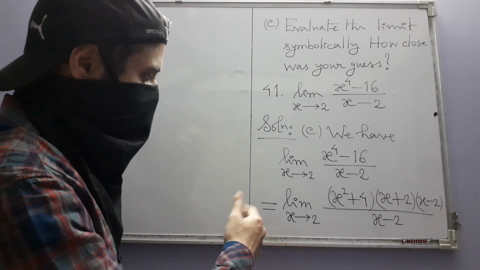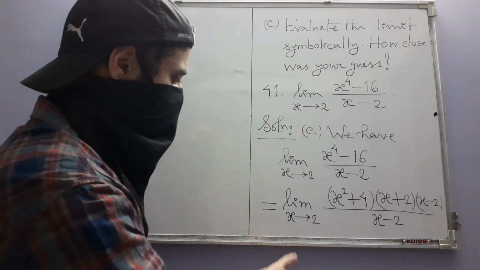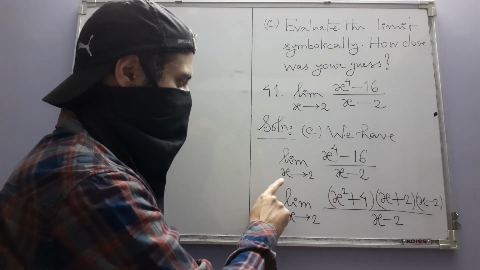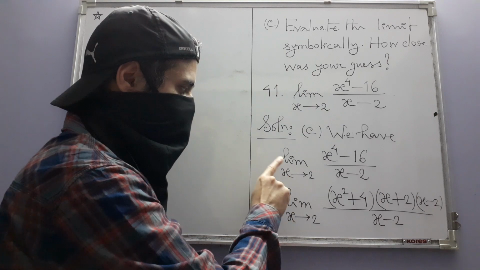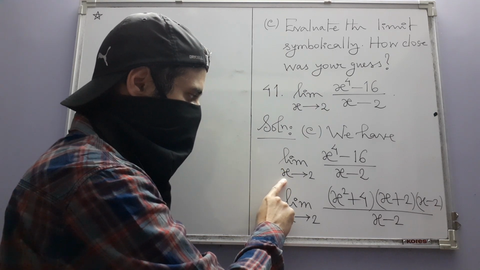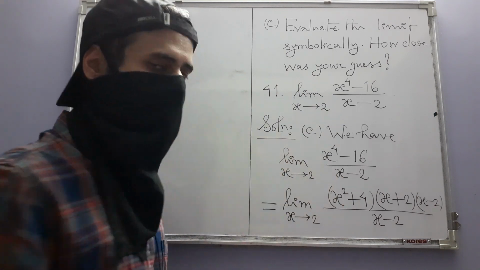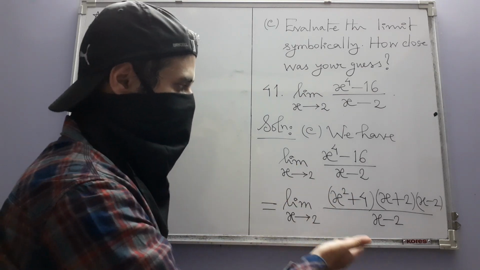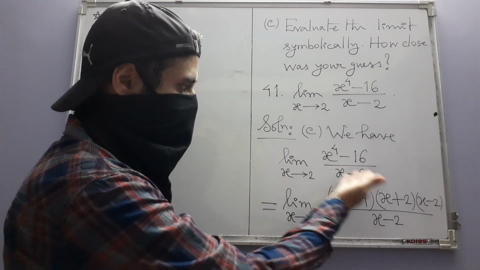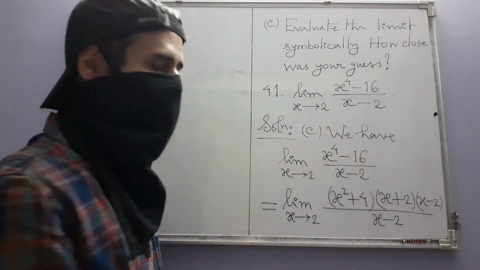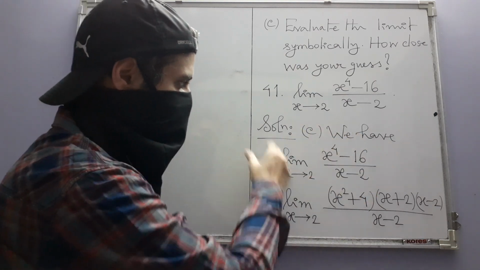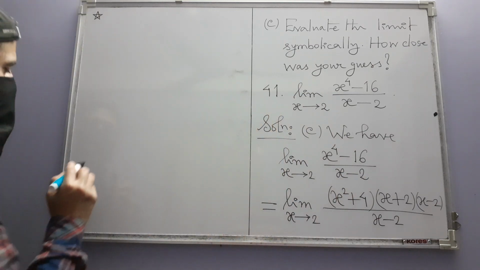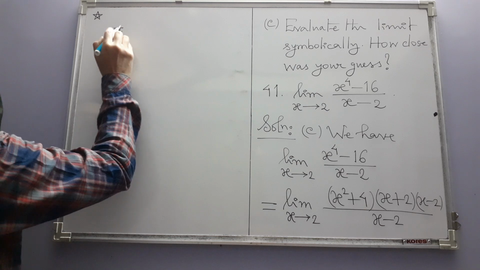This I am repeating, and I will keep on repeating this fact, that when you see a limit like this, the independent variable x is never equal to 2. Because if x is 2, this becomes meaningless. So in this symbol, x is not equal to 2, and that is why this cancellation is possible.